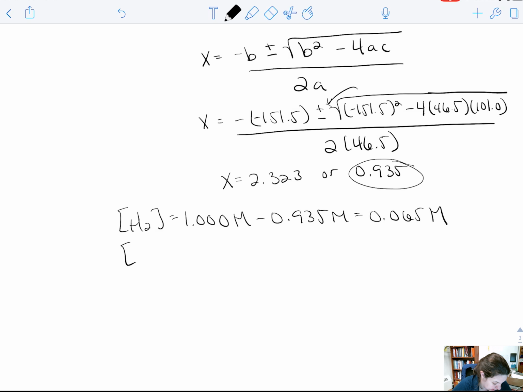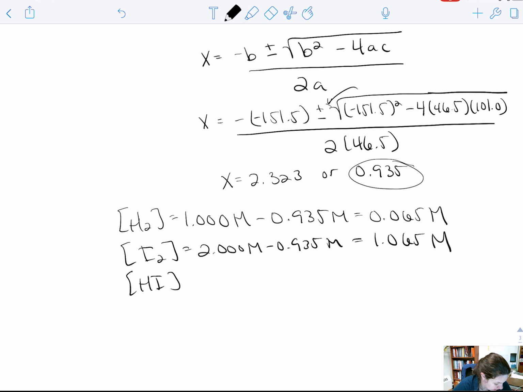Our I2 is 2.000 molar minus 0.935 molar, giving us 1.065 molar. And then our HI is equal to 2 times 0.935 molar, giving us 1.87 molar.